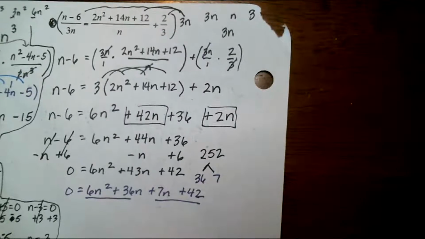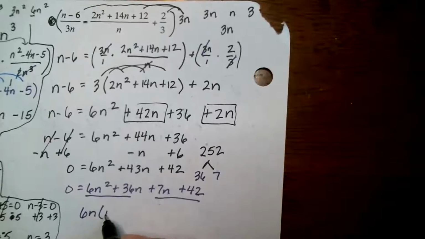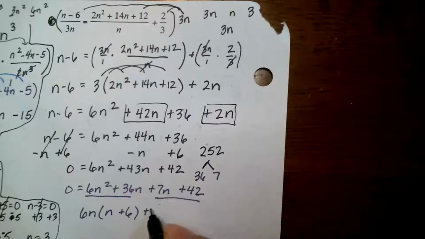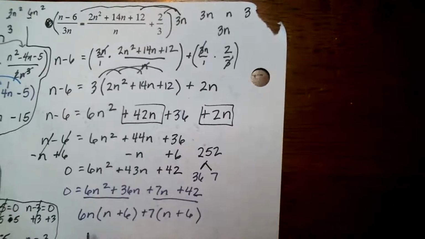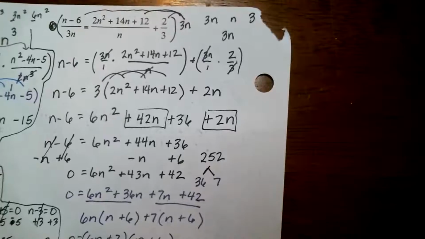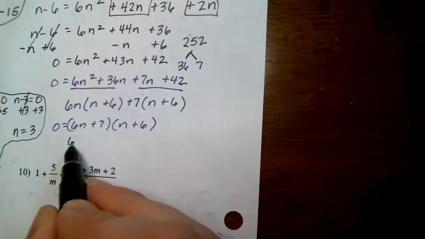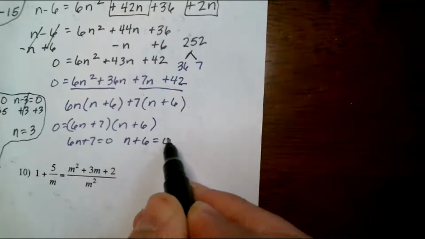So then from there, guys, I can take a 6n out of this, and I'm left with n plus 6, and I can pull a plus 7 out of that and get n plus 6. That is 0 equals 6n plus 7 and n plus 6. So I say 6n plus 7 equals 0 and n plus 6 equals 0.